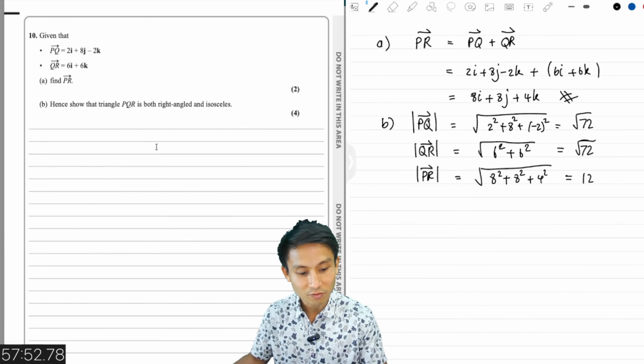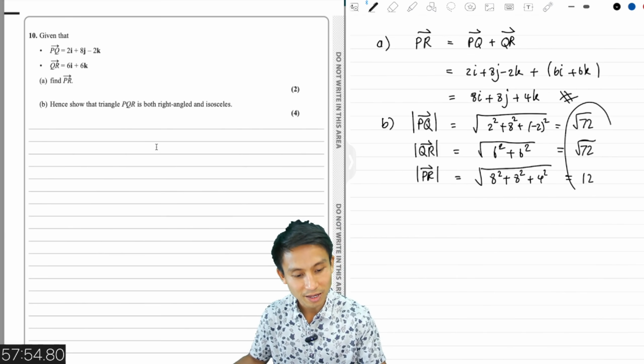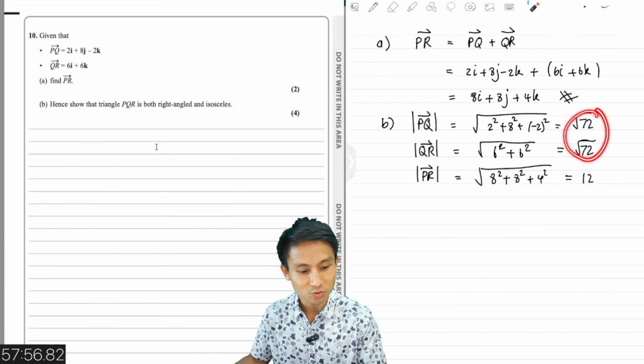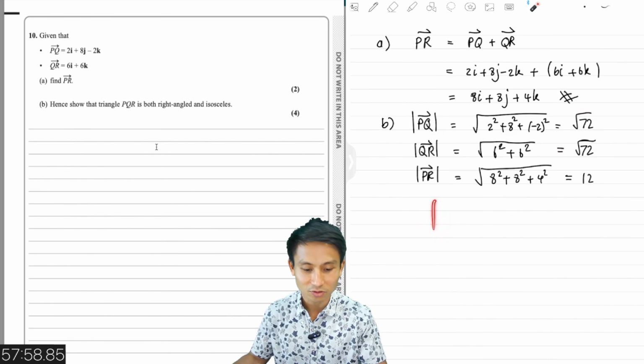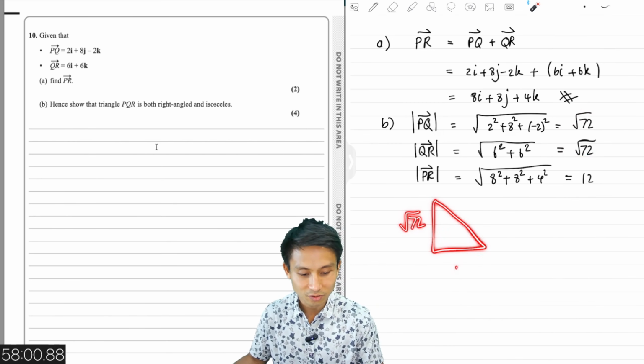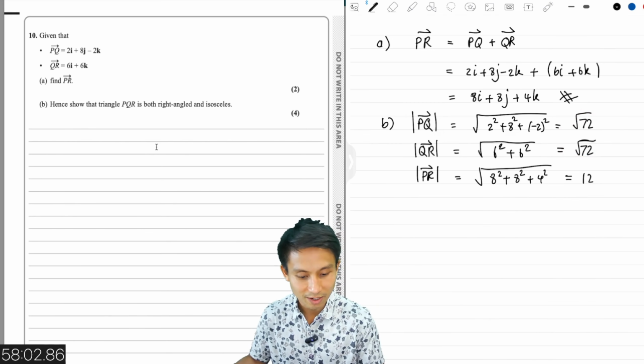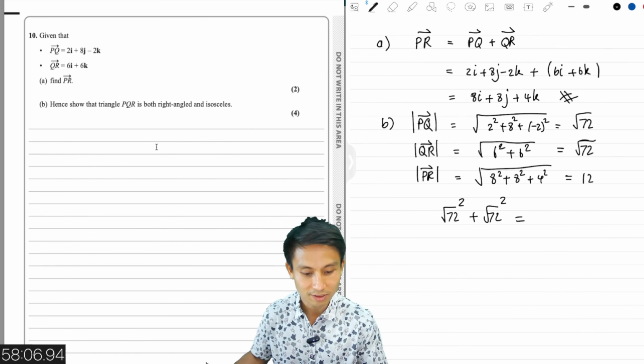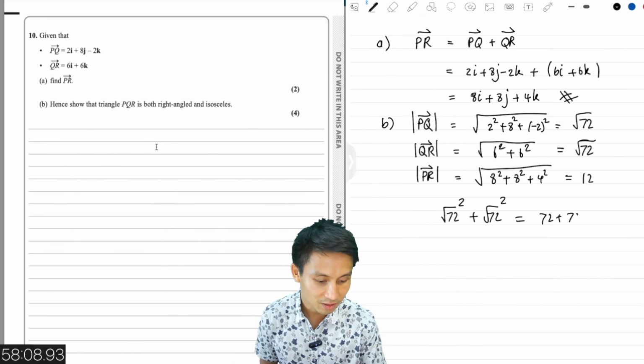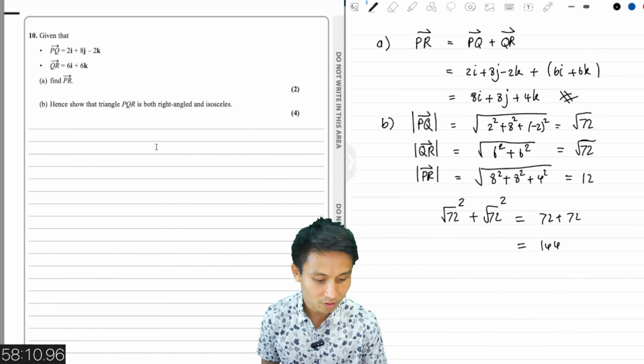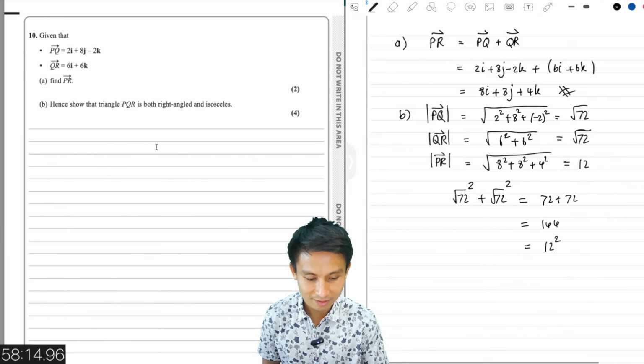And to prove it is a right angle, how about we do Pythagoras? So assuming that these two will be the legs of the right angle triangle, root 72, we're going to do Pythagoras. So root 72 squared plus root 72 squared equals 72 plus 72, which is 144, which is 12 squared.